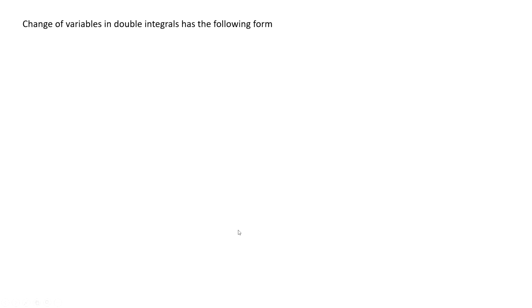Because when we get to change of variables in double integrals, and our objective is to find the integral of f of x y dA over some region R, then that is the same as, instead of x, we have some x as a function of u and v. Say something like x equals g of u comma v. But then I'm trying not to use another function, simply saying x of u comma v.